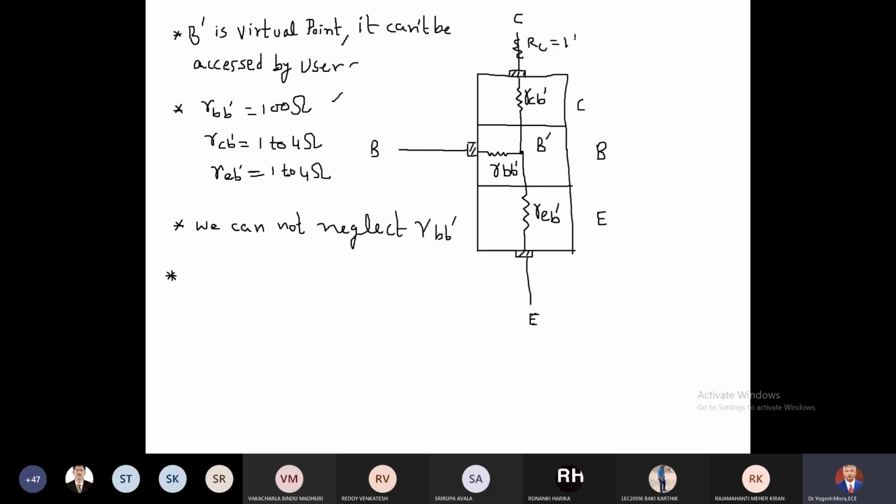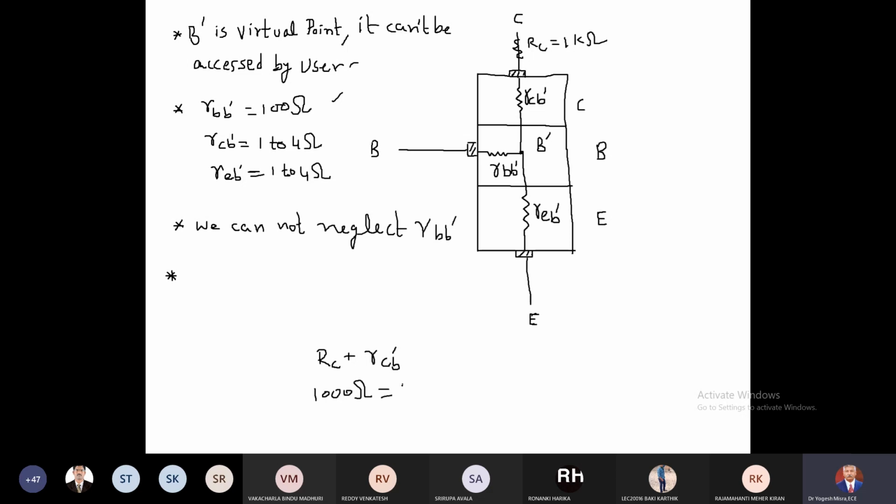Let us assume 1 kilo ohm. So when this RC is in series with R_CB', what is the effective resistance? Effective resistance will be RC plus R_CB'. RC is 1K, 1K means 1000 ohm. What is the value of R_CB'?